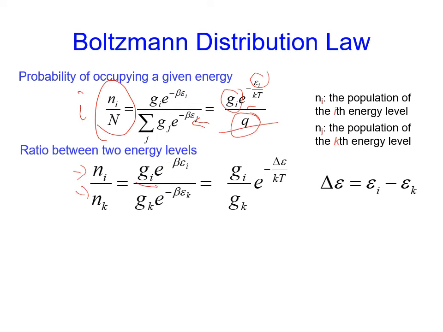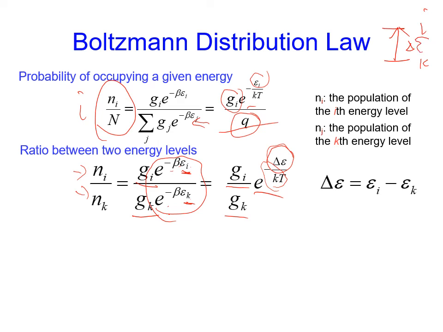So we have Gi over Gk, and e to the negative beta epsilon i divided by e to the negative beta epsilon k equals e to the negative beta, which is 1 over kT, and then epsilon i minus epsilon k, which is delta epsilon. Delta epsilon is the energy difference between k and i. This is delta epsilon.